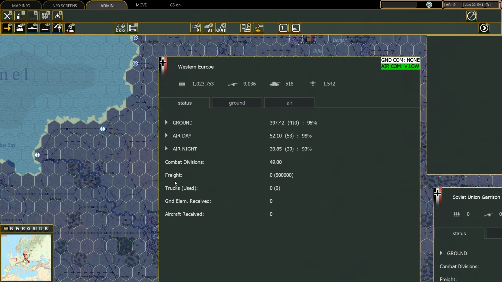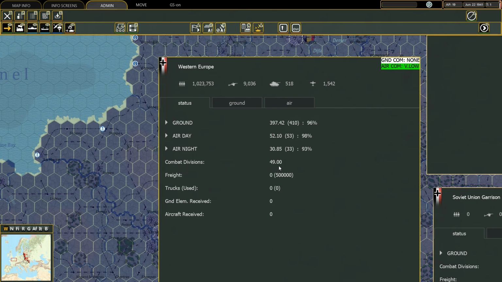These are the general information that you get from the theater box. Ground, air day, and air night are the requirements, or actually the elements that you need to keep in the theater box. And we'll see in a second some more details.